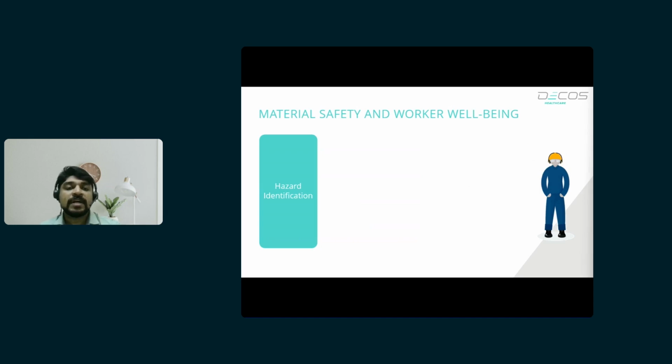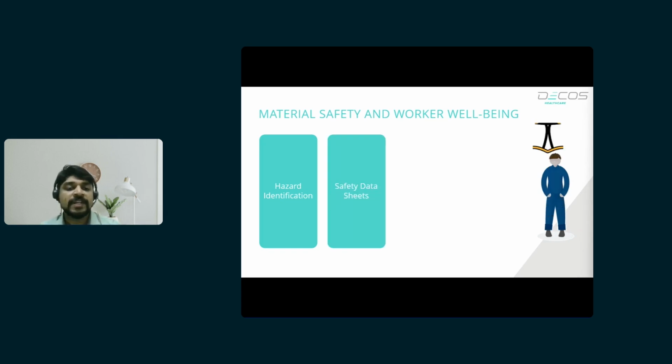So the first is hazard identification: identifying and understanding the potential hazards associated with each material used in the workplace. This includes evaluating physical hazards, chemical hazards, biological hazards, etc.